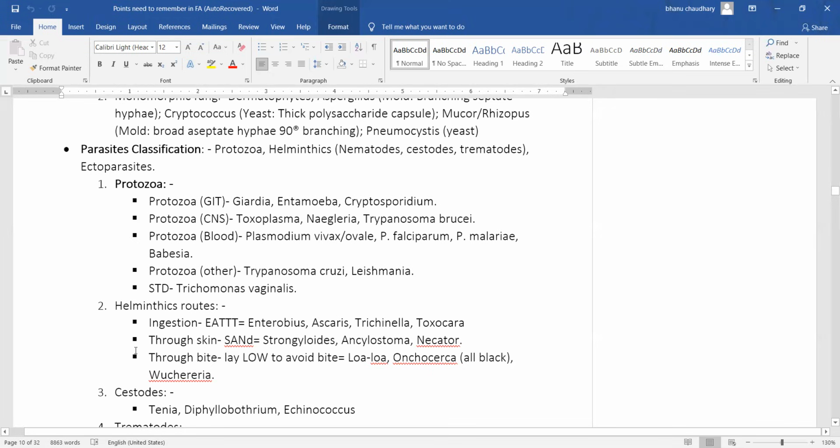Then the helminthics that transmit through bites, and you can remember them by the mnemonic 'lay low to avoid bite', which is LOW only: Loa, Onchocerca, and Wuchereria.